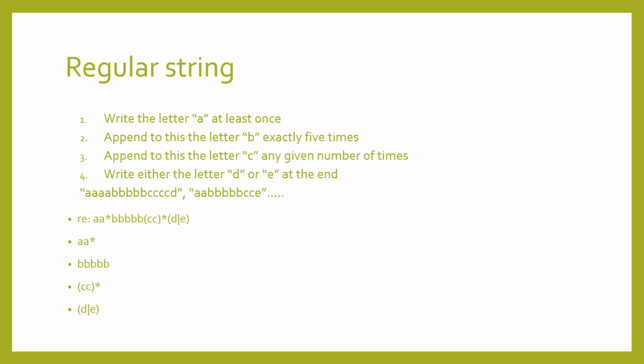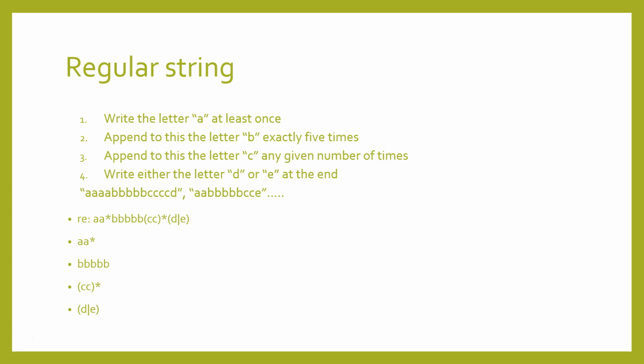Next, 5 B's. There are no special effects here, just 5 B's in a row. Then 2 C's in brackets with a star, which means any even number of C's, grouped into pairs. To enforce this rule about even numbers, you write 2 C's, surround them in parentheses, and write an asterisk after it, meaning that you can have any number of pairs of C's.